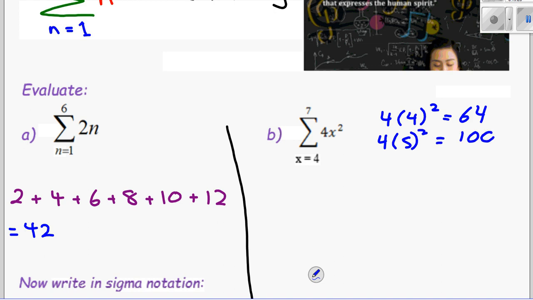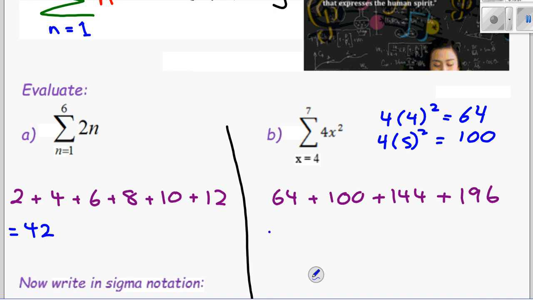So we could start to write it out if you want. 64 plus 100. They only want us to go from the 4th, 5th, 6th, and 7th. So what would be our next term? 144, sounds good. 4 times 36. And then the last one, 7. Yeah, 49 times 4 basically, because 7 squared times 4. 196, is that right? And then we just add them all together.